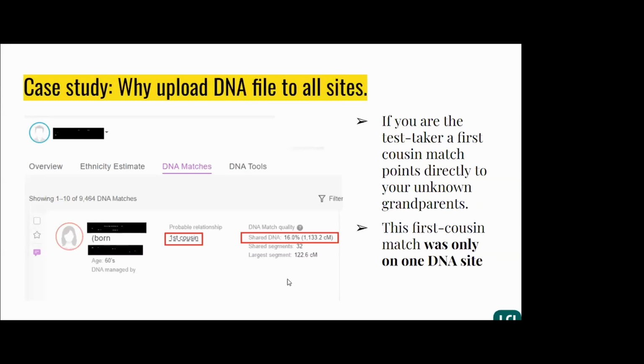In this case, they were all matches who shared less than 200 centimorgans of DNA. So they were about third cousins. And it was possible to identify their unknown father by using those matches and their family trees.